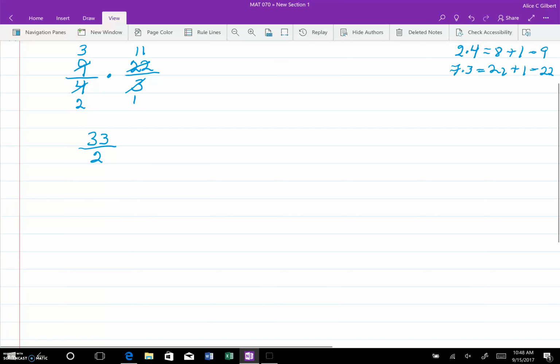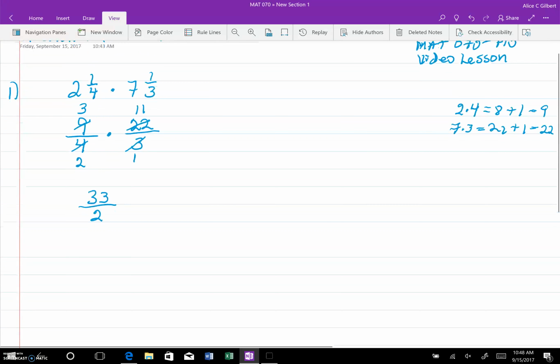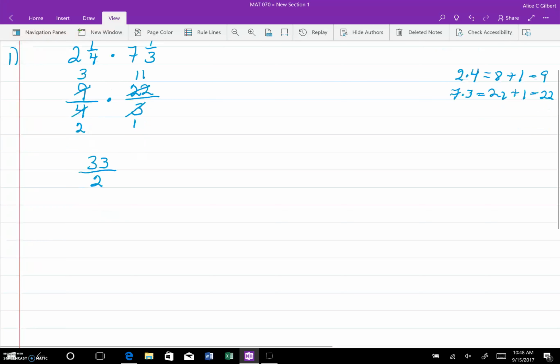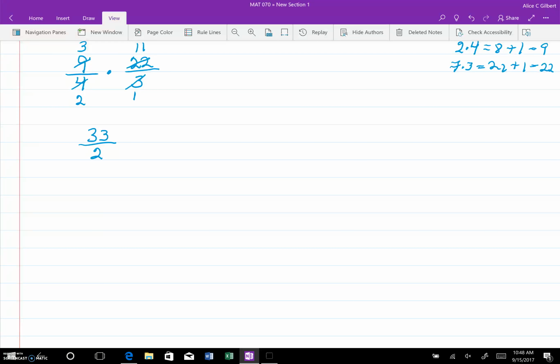And now I just need to put this back into mixed number form. Because it started in mixed numbers, I'm going to put it back into a mixed number. Remember how we do that from the introduction. 2 goes into 33... 2 times 16 is 32.